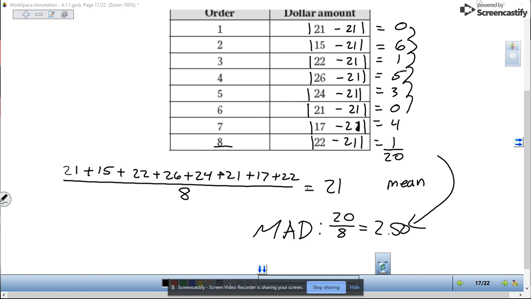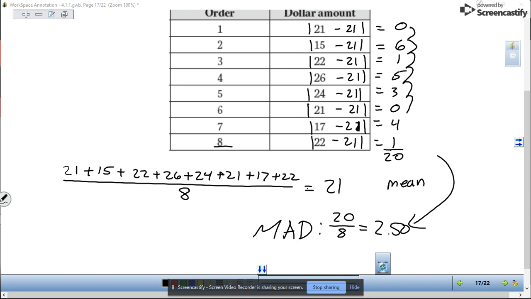But if we averaged out that distance, it tells you how far apart they are from the average of the data set. So in other words, the idea behind mean absolute deviation is this. The closer or the smaller your mean absolute deviation is, the closer your numbers are to each other. Okay? It's a measure of spread.